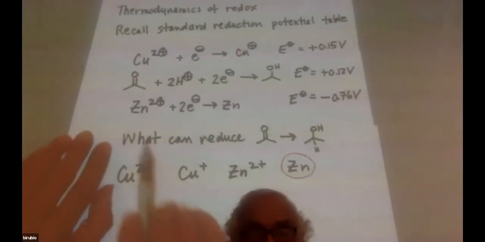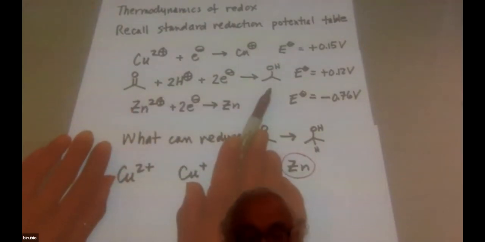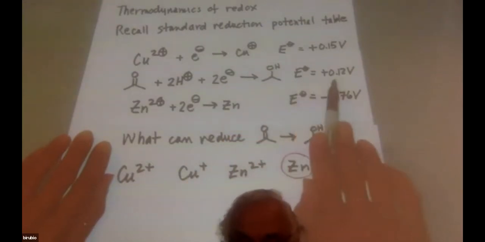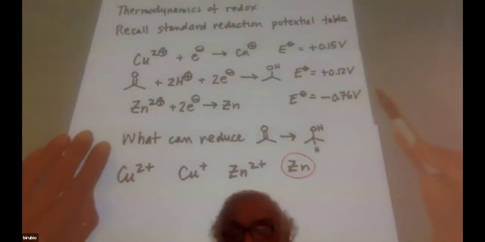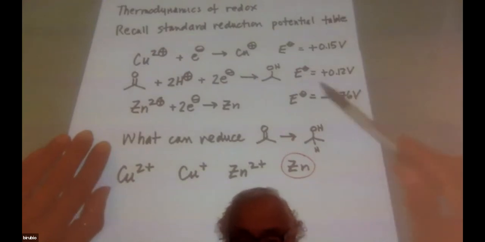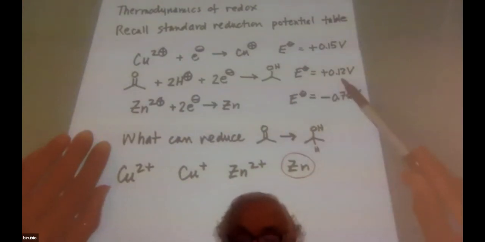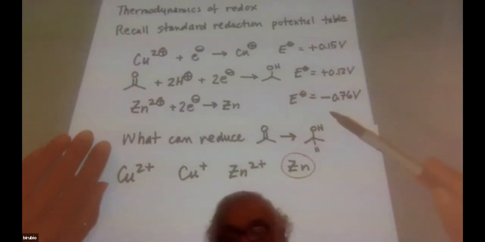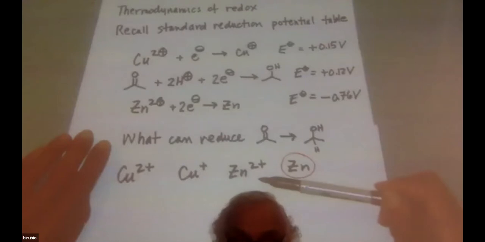Okay, so we want to go from the ketone to the alcohol. That's the reduction, and it has this value here. We want this reaction to happen as written, and so we must pair this half reaction with another half reaction which is going to be less positive, and we reverse it.